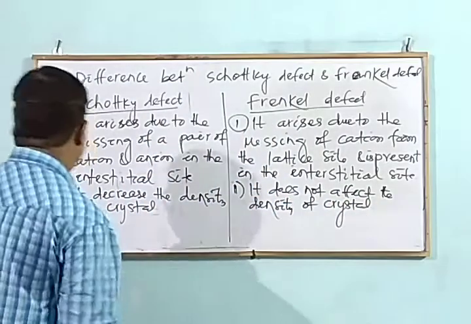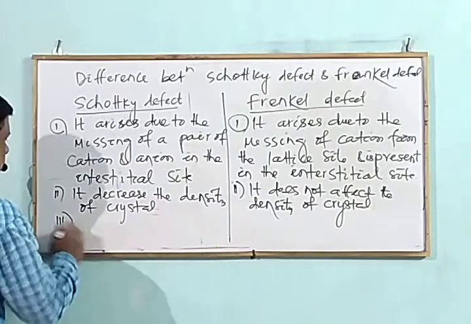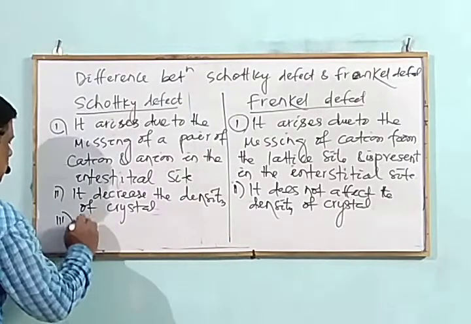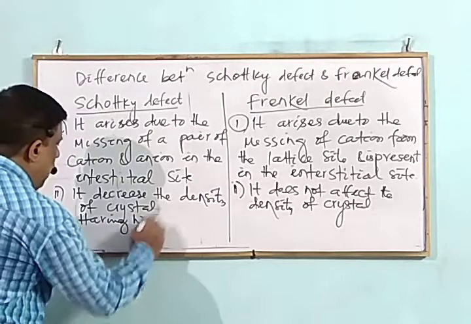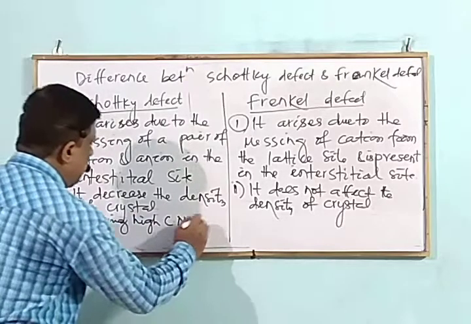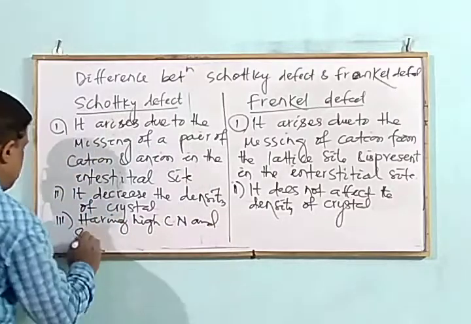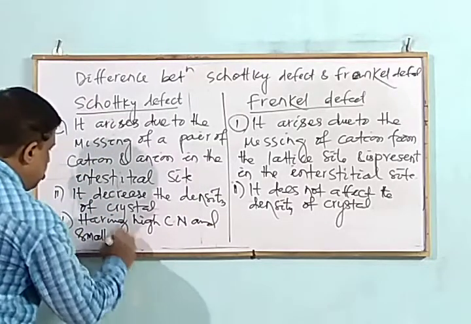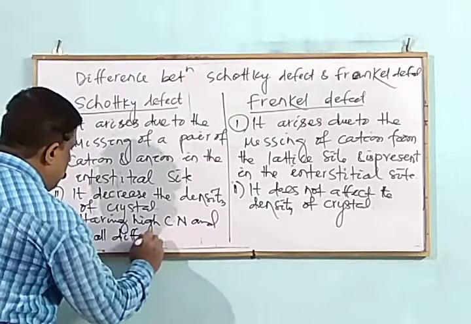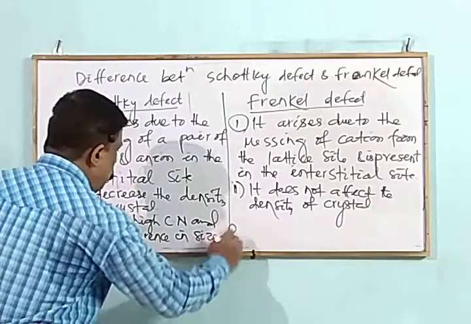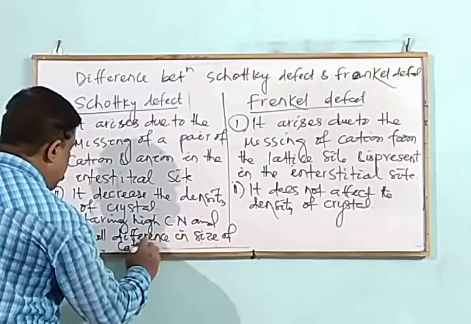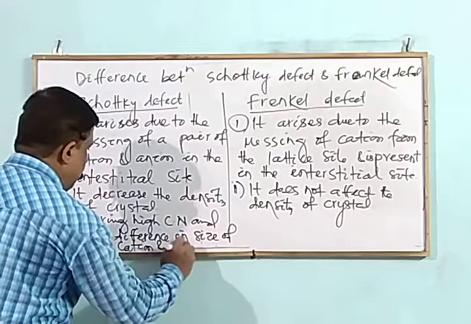Point 3. This defect is shown by ionic compounds having high coordination number and small difference in size of cation and anion.